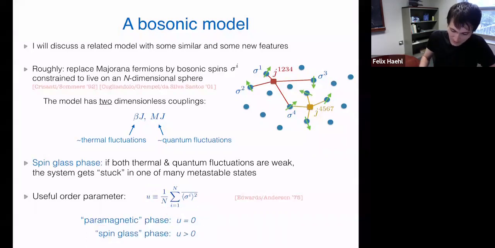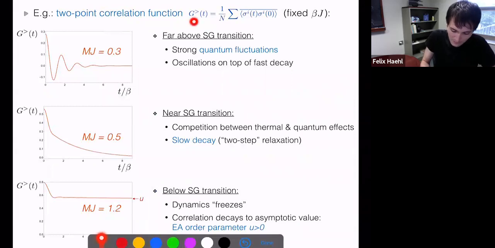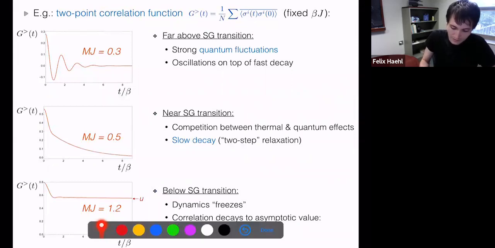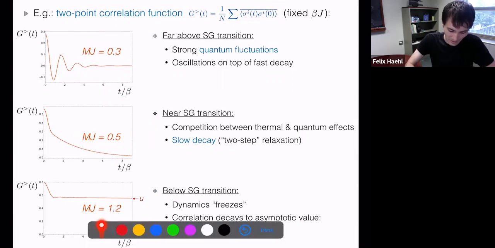So this is something that you can see dynamically if you consider something like a 2-point function, where again this overline denotes the disorder averaging. I plotted this at some fixed temperature here for different values of this coupling that parameterizes the size of the sphere or the strength of quantum fluctuations.